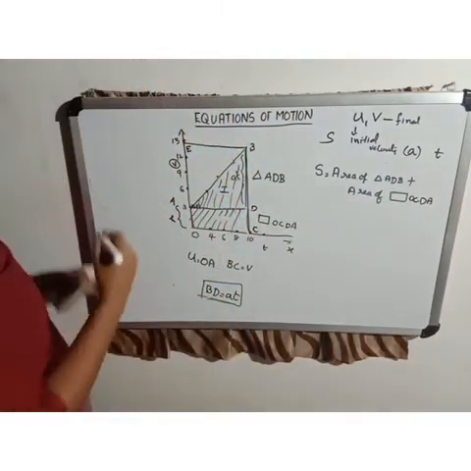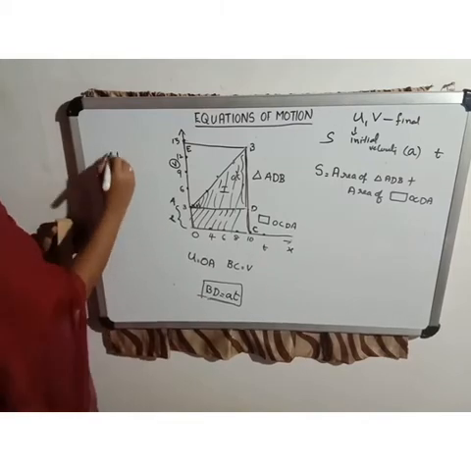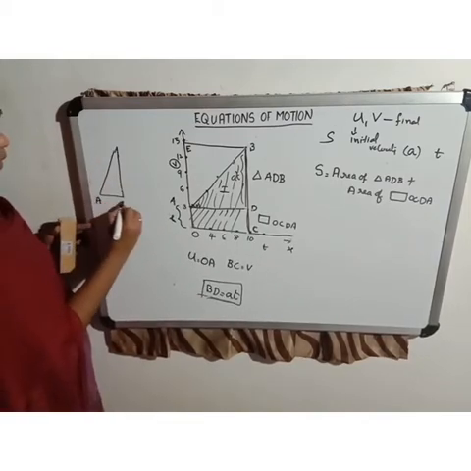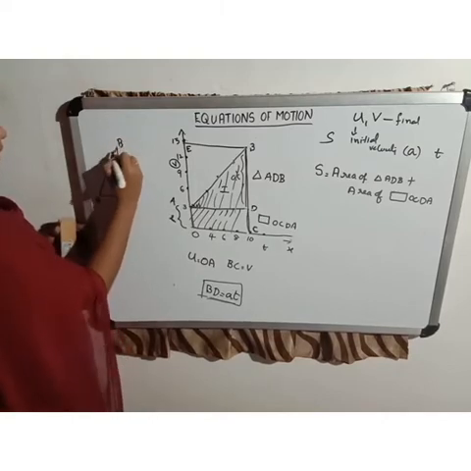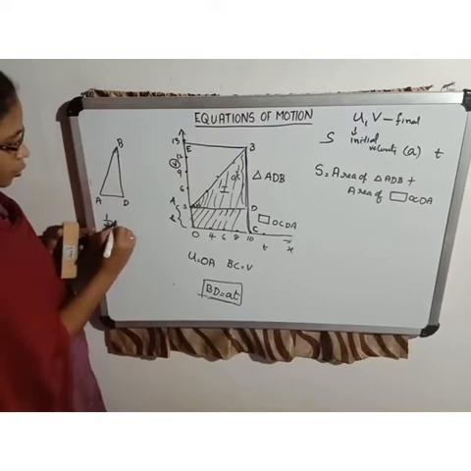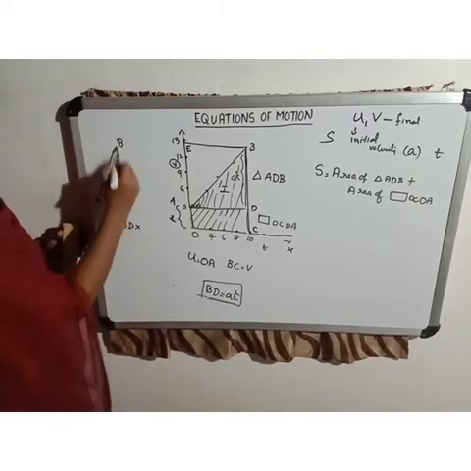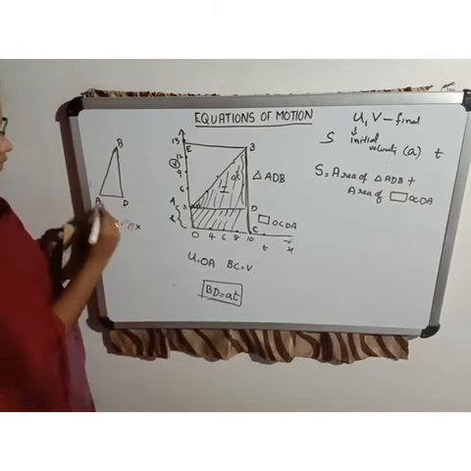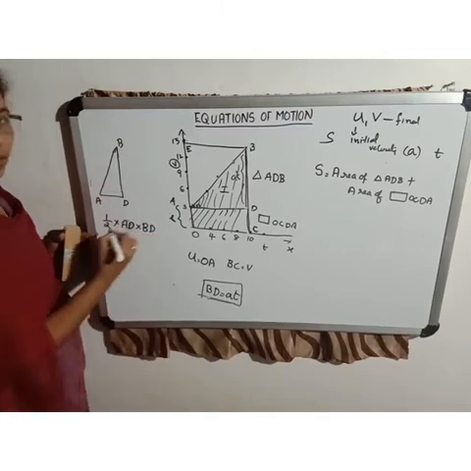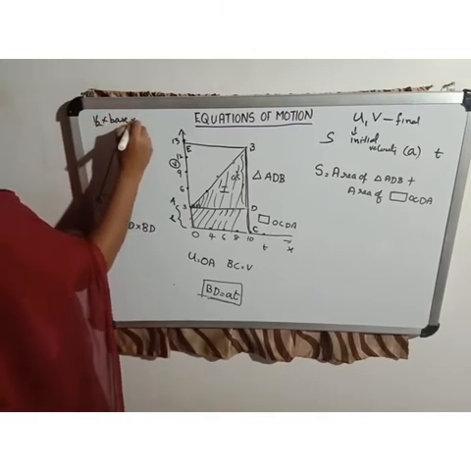Okay, how to find the area of a triangle? This is our triangle, ADB. The area of a triangle is half into base into altitude.